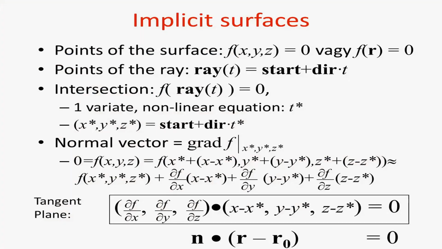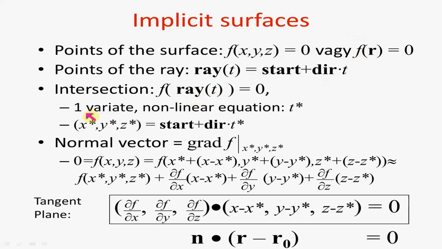The equation of the sphere is an example of a more general category of implicit surfaces that are defined by an implicit equation of the x, y, z Cartesian coordinates or the position vectors of surface points. Substituting the ray equation into this implicit equation, a single variate equation can be obtained, which is typically nonlinear.